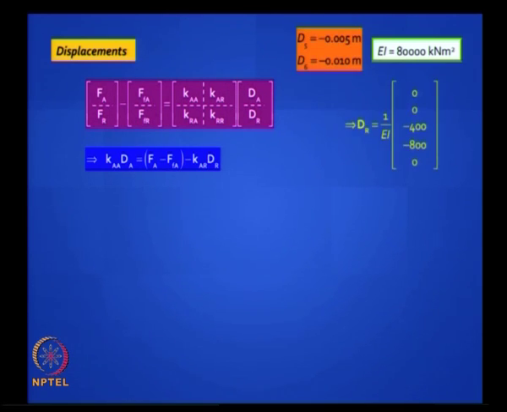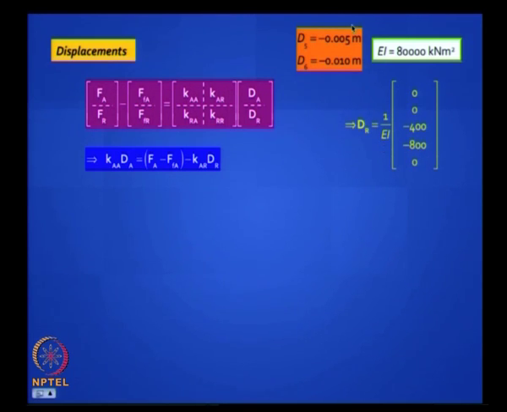In this case you have support settlements, so dr is given as, we did this earlier, minus 0.005 meter, minus 0.010 meter at 5 and 6 coordinates, but EI is 80,000. You have an option either to plug in 80,000 in the stiffness matrix, or you try to get rid of EI by converting these deflections in millimeters to equivalent EI terms.